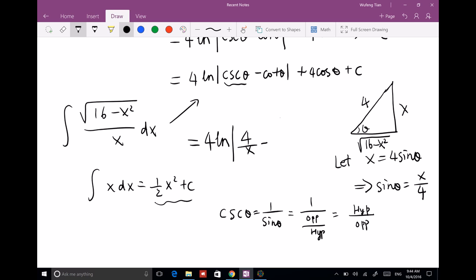Can you press the button? Press the button. Then, yeah. Very good. Plus.